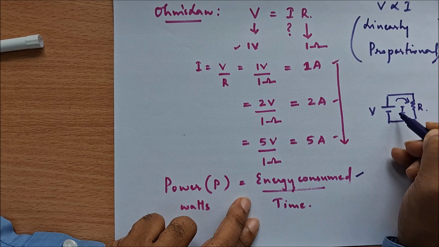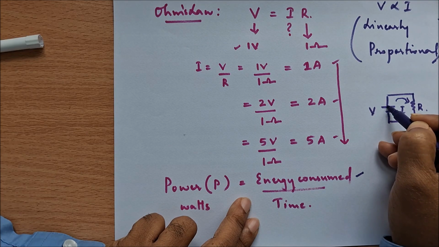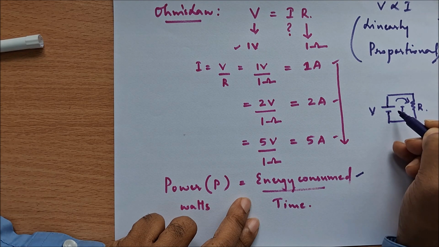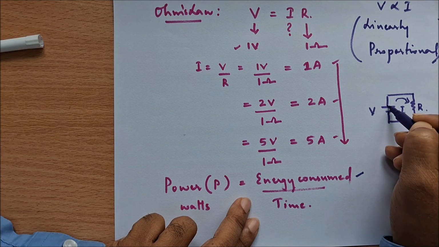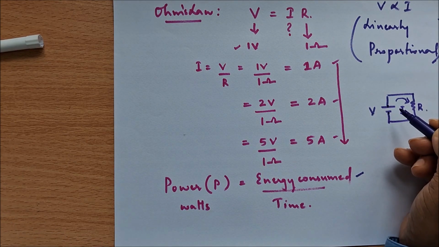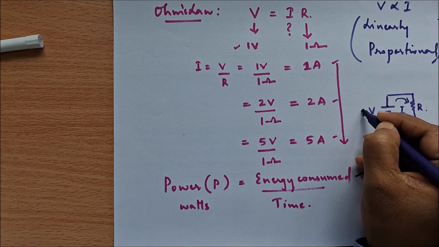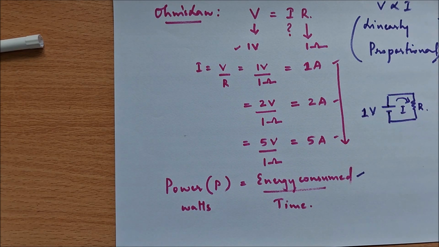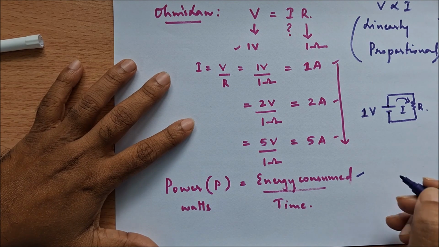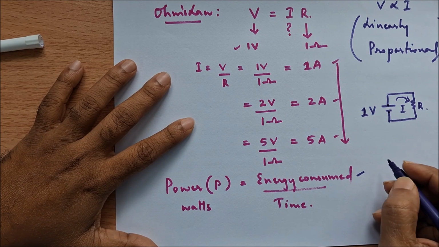So it is the rate at which the work is being carried out by the electrons between two points which have a potential difference of 1 volt.